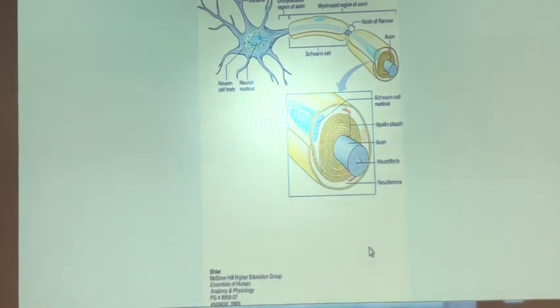Here's another look at the myelin and the relationship between the myelin and the axon itself. So you're not responsible for this diagram, but look at the anatomy.